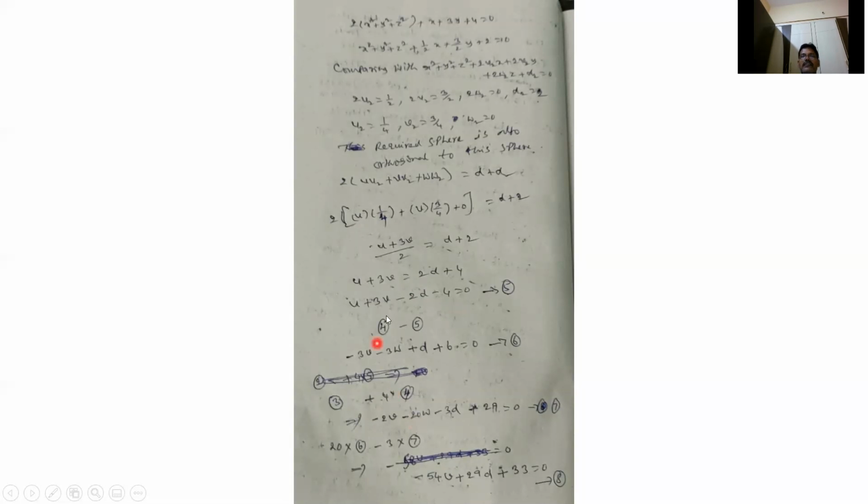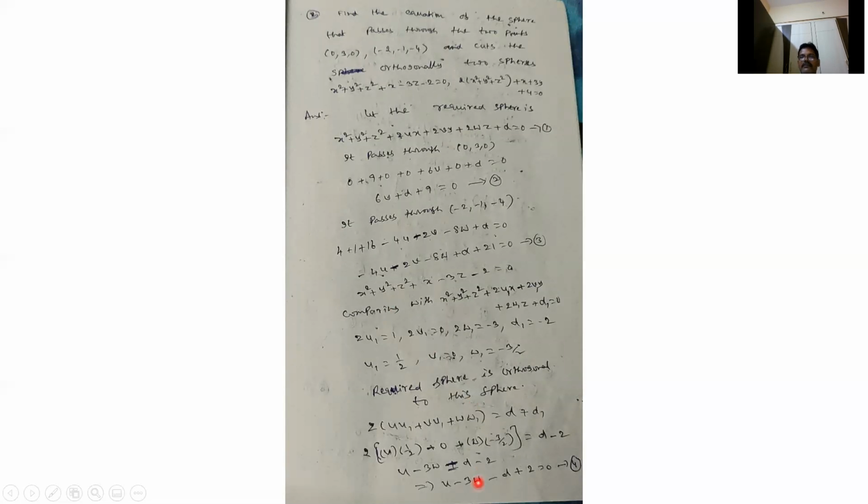Now for v, minus 3v. For w, here minus w is there. For d, minus d plus 2d, 4 minus 5, we get plus d.